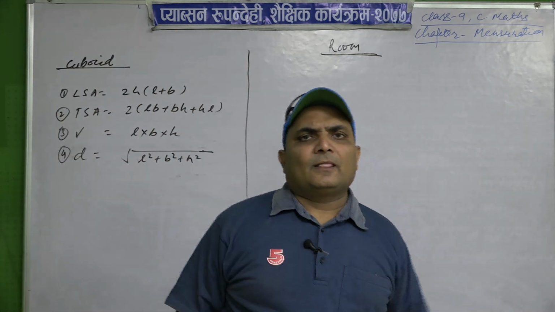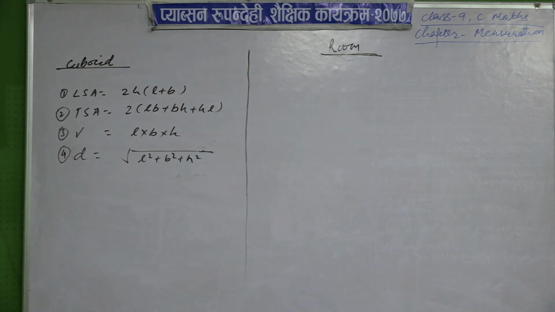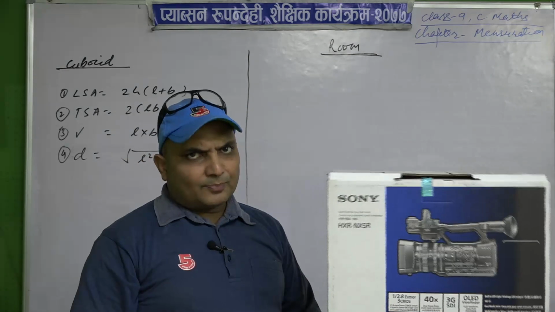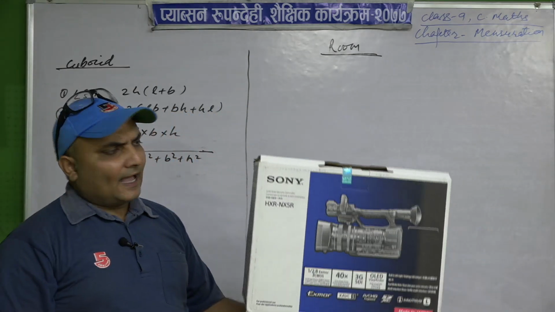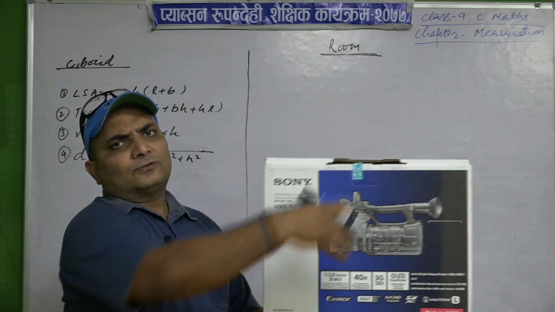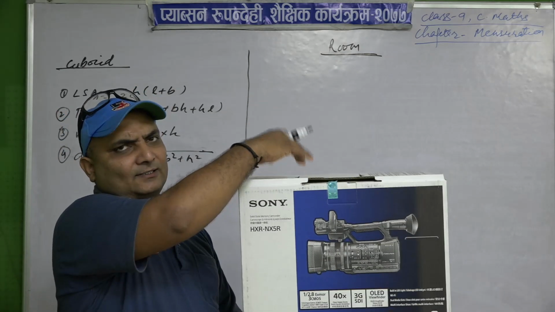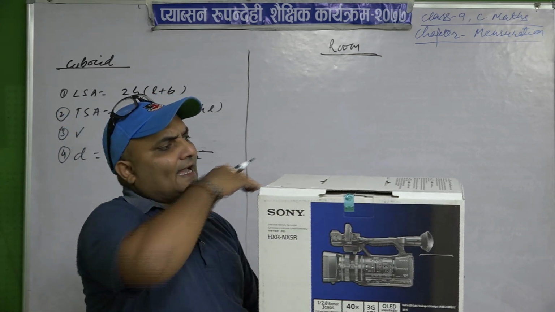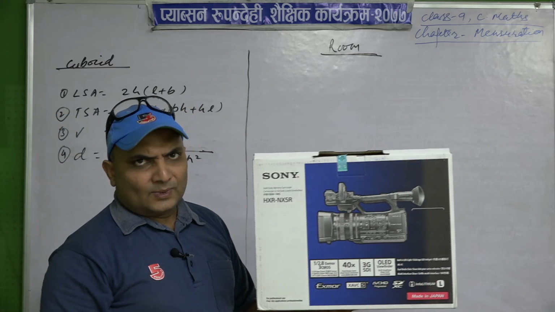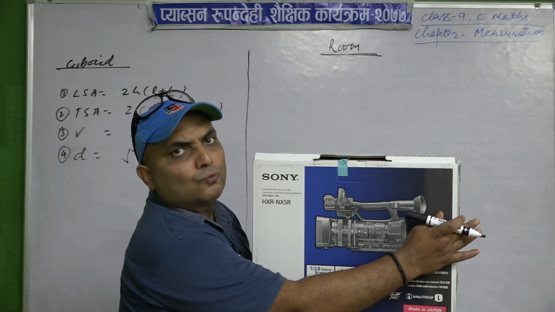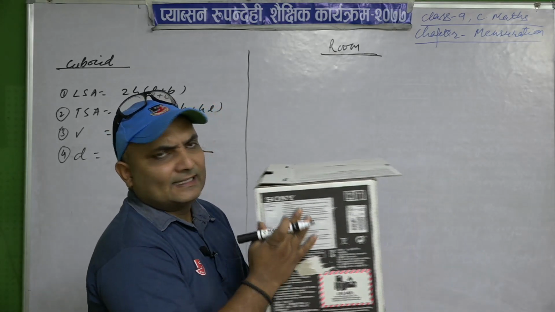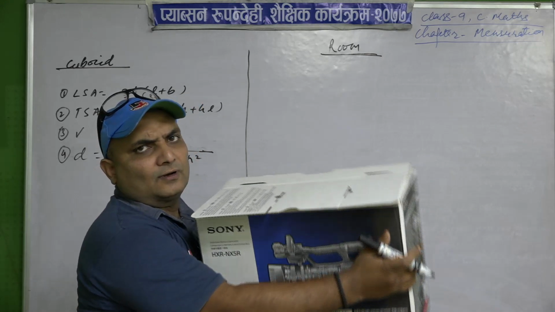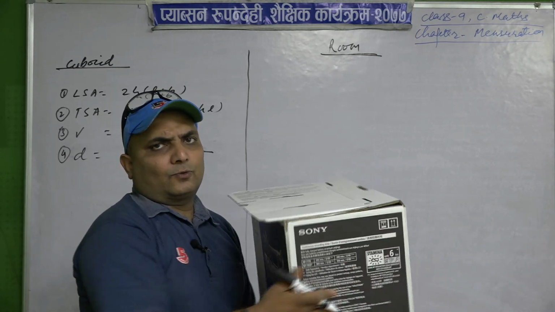Our room is a rectangular prism type room, like this. This is a rectangular prism. Consider that it is your room, and inside the room you are sitting or staying. If you consider that this is a room, then this side is one wall of the room, this side is another wall of the room, and this side is another wall, and this side is another wall of the room.